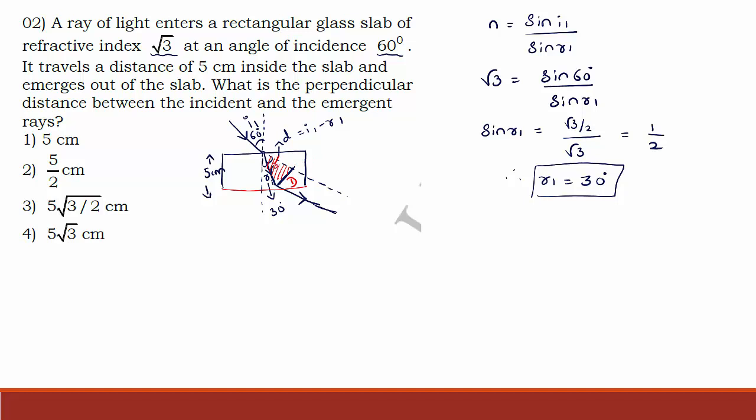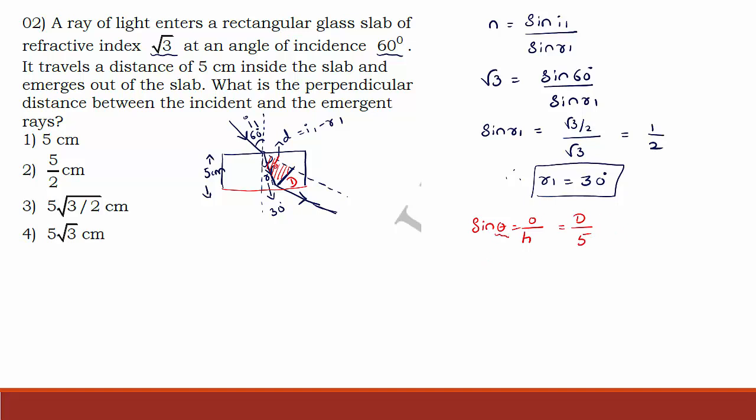If theta is here, sin theta equals O by H, opposite side divided by hypotenuse. Opposite side here is capital D, the perpendicular distance, divided by the hypotenuse, which here is the thickness. So we can take it as D divided by phi, and this is the value of sin theta.